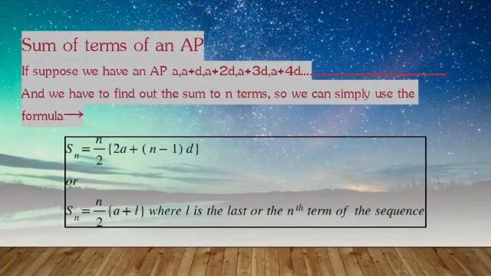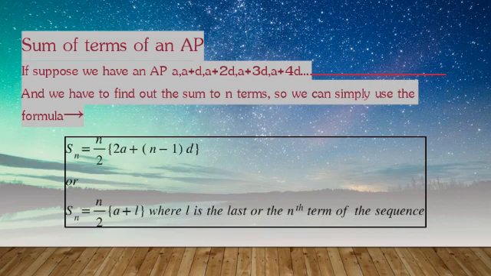Another important concept of this chapter is the sum of the terms of an AP. That is, we'll be given a number sequence which would be in AP and we would have to find the sum of its terms. So how will we do it? You can see this on the slide. Suppose we have the AP as a, a plus d, a plus 2d, a plus 3d, a plus 4d and so on, and we have been asked to find the sum up till n number of terms.